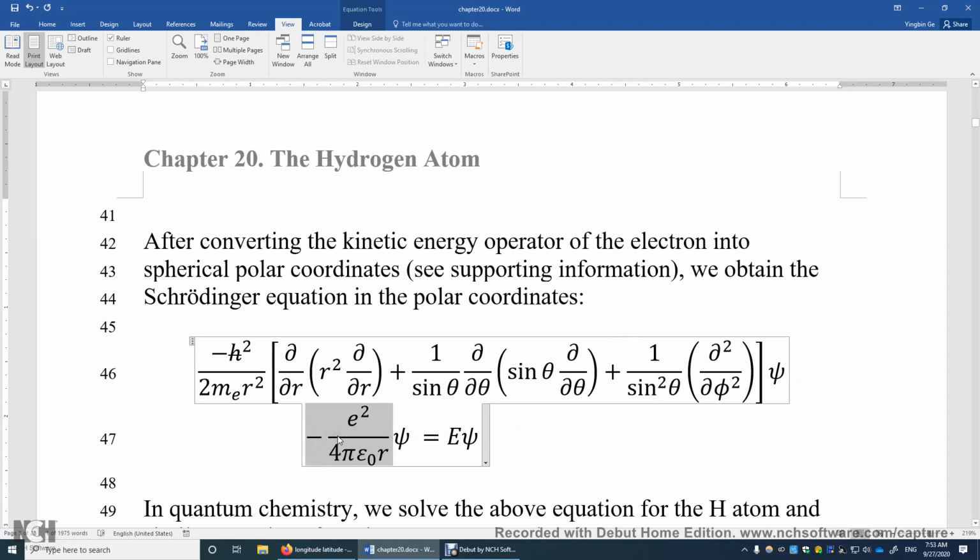We get the total energy operator being applied to psi. What's the total energy operator? It's the Hamiltonian H. So you are looking at H psi equals E psi again. Oh, by the way, the supporting information contains around 20 pages just to convert the kinetic energy operator to the spherical polar coordinates.